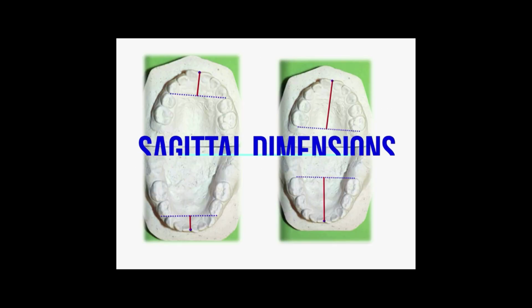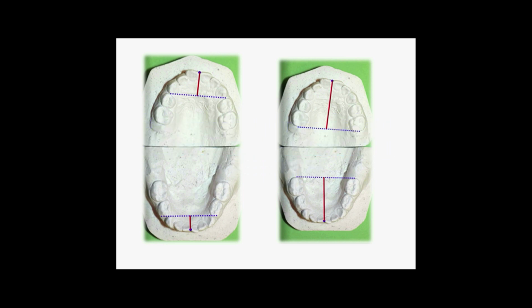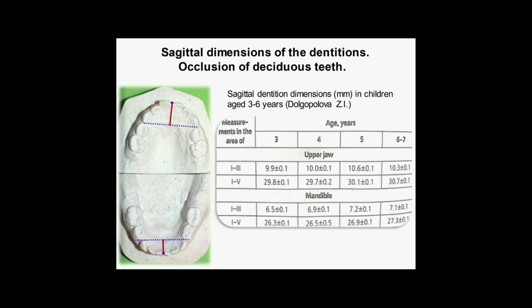The next method is sagittal dimensions of the dentitions. The sagittal dimensions of the dentitions of children during the occlusion of deciduous teeth are measured according to the method of Dolgopolova. In this case, the length of the anterior segment and the total sagittal length of the dentition are determined.